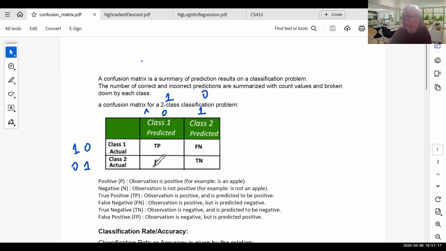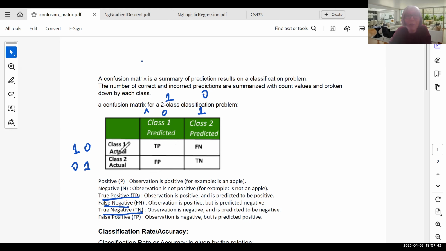The diagonal entries are always the correct ones. This means true positive, and this means true negative, so that means correctly predicted. Over here this means false negative, and this one is false positive.